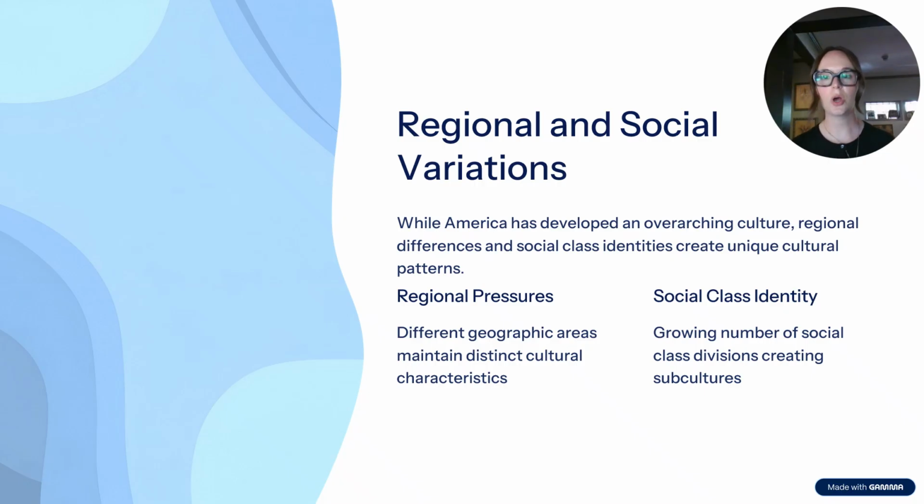Our country is so large, and our country is one that is made up of immigrants, and they all bring their own set of cultural values and foundational beliefs into America and start their own subcultures here, which I think is pretty awesome. So while we do have an overarching culture here in America, there are regional differences and lots of different social class identities as well, which creates unique cultural patterns that we see based on region here.